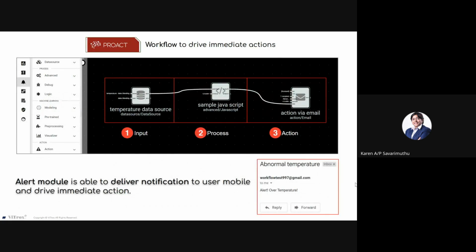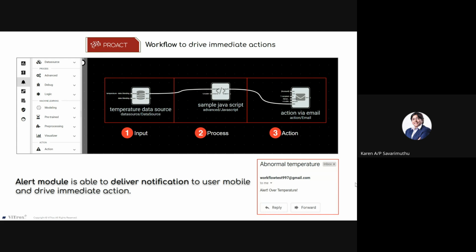All right, then we have this workflow. This workflow can help you automate a lot of manual processes. For example, you put in some input. Let's say this particular machine, the temperature should not go over the threshold of 35 degrees Celsius, but now it has gone to 37.